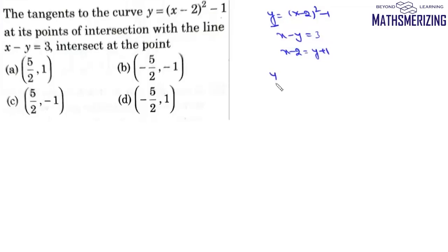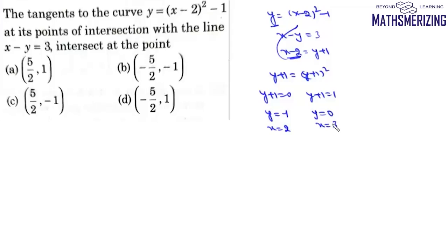So we can replace x minus 2 with y plus 1. So it will be y plus 1 whole square. So we'll get either y plus 1 as 0 or y plus 1 as 1. So value of y is either minus 1 or value of y is simply 0. So we'll put value of y as minus 1. We'll get value of x as 2. And if we put y as 0, we'll get x as 3.